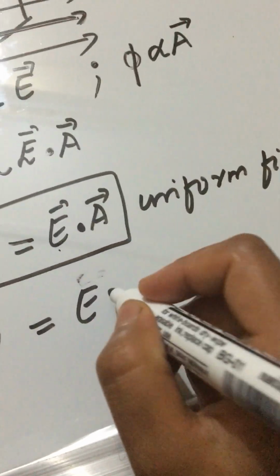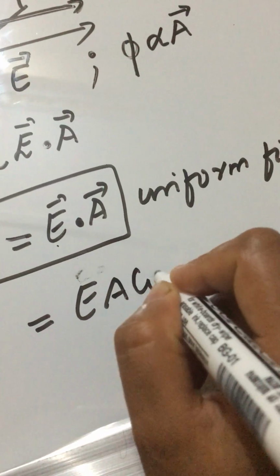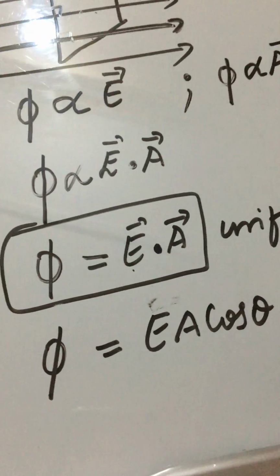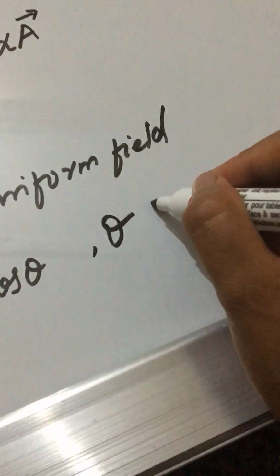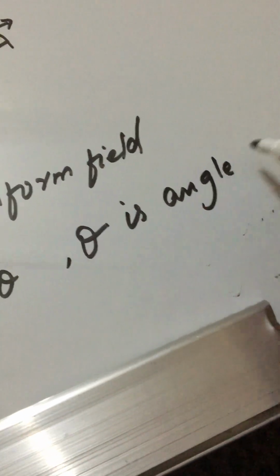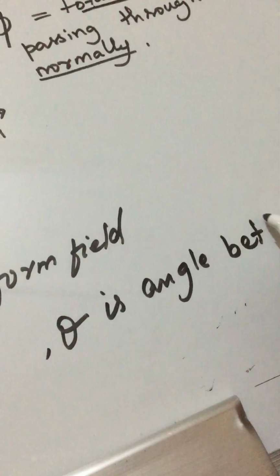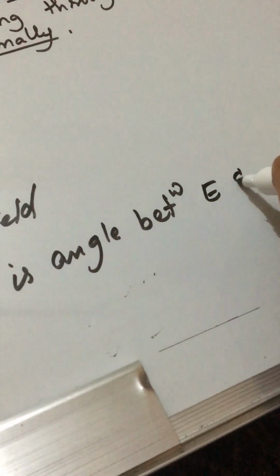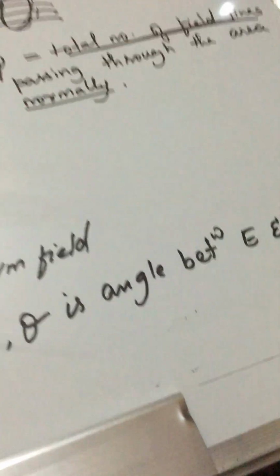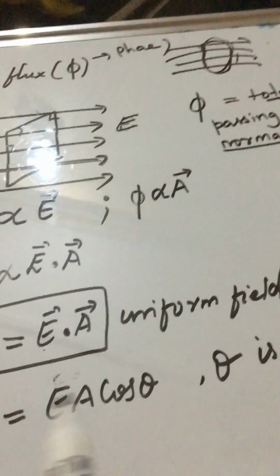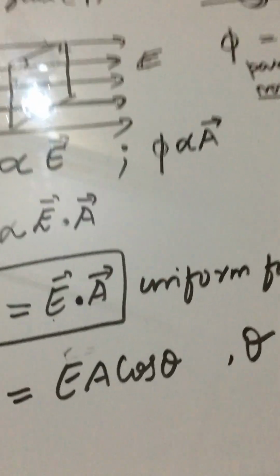Cos theta, right? And what is theta? Theta is the angle between E and A. Understood? This is for the uniform field. Again, I'm repeating: E A cos theta.